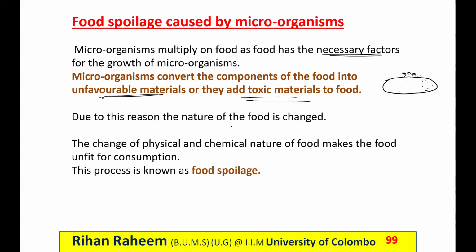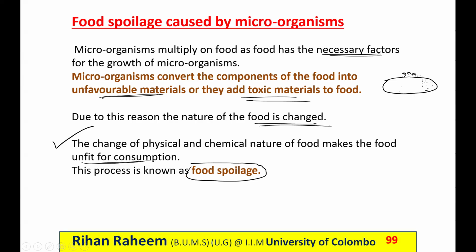Due to this reason, the nature of the food is changed. The change of physical and chemical nature of food that makes the food unfit for consumption is known as food spoilage.